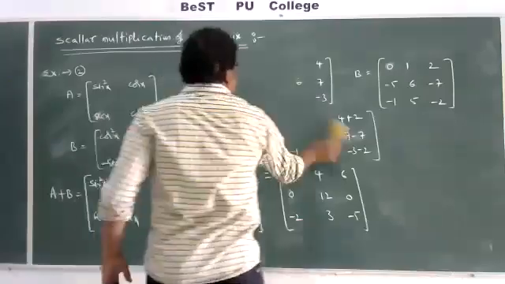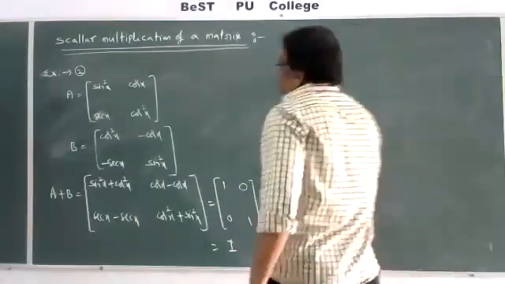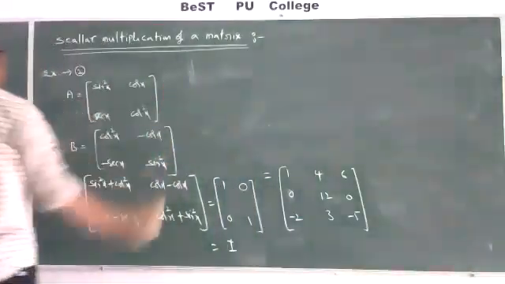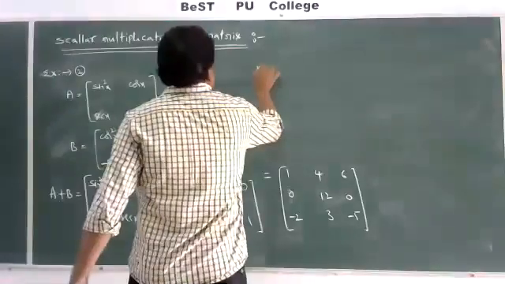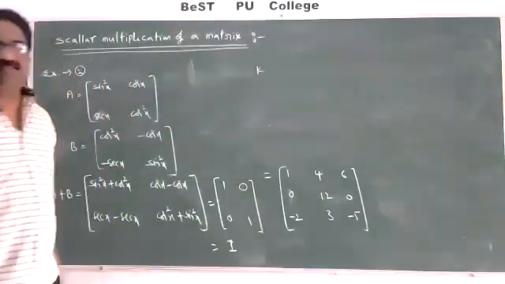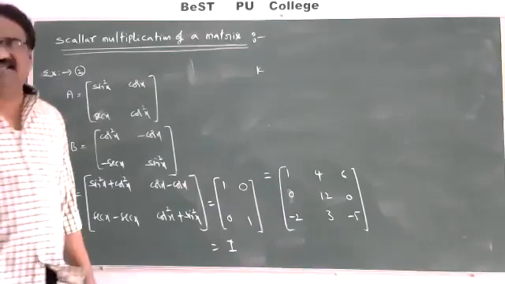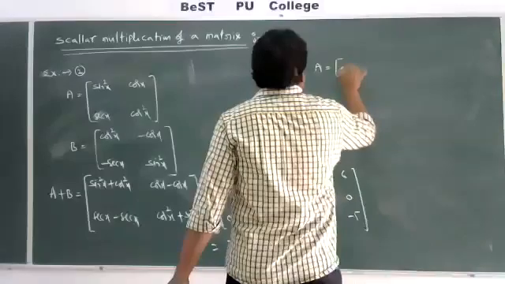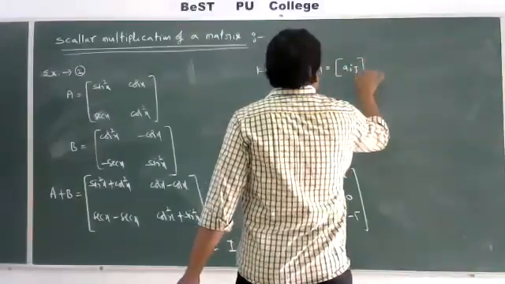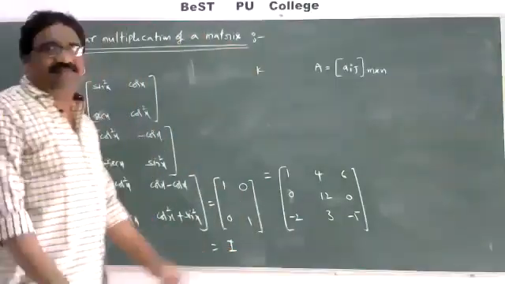Then the next heading is scalar multiplication of a matrix. For example, K is any scalar. K is any scalar means K is any number. It should be a constant. A is any matrix of order m by n.